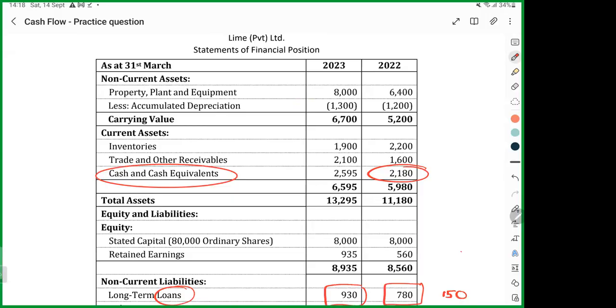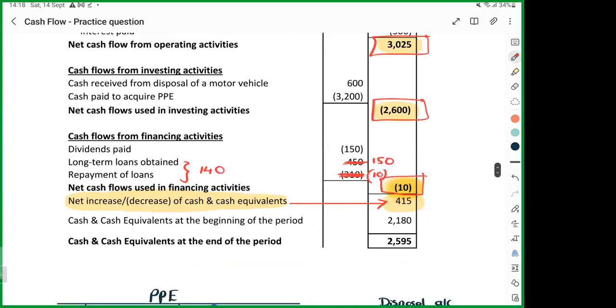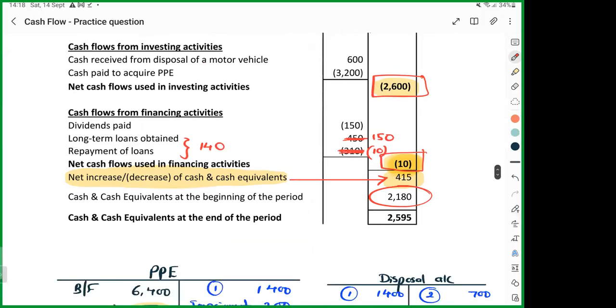You take the beginning cash and cash equivalent 2180 and add the net increase in cash and cash equivalent, 415. 415 plus 2180, you get 2595.